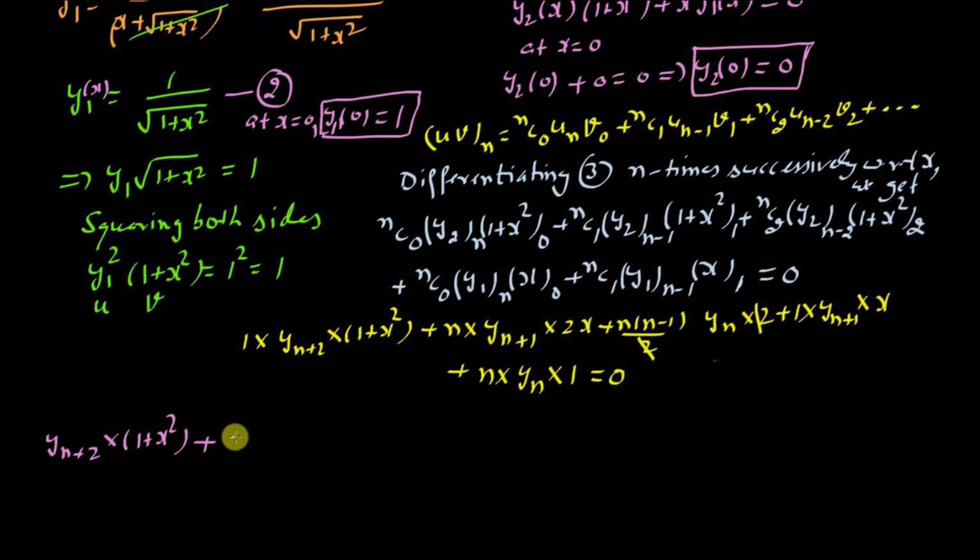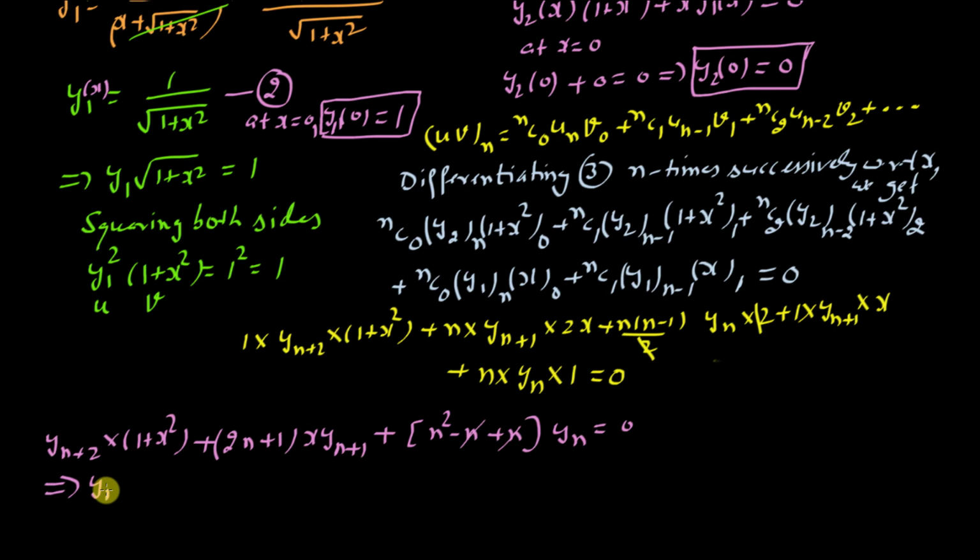So it will be 2n plus 1 x y(n+1), plus yn will be common. So inside n square minus n plus n. So yn from these two terms is common.